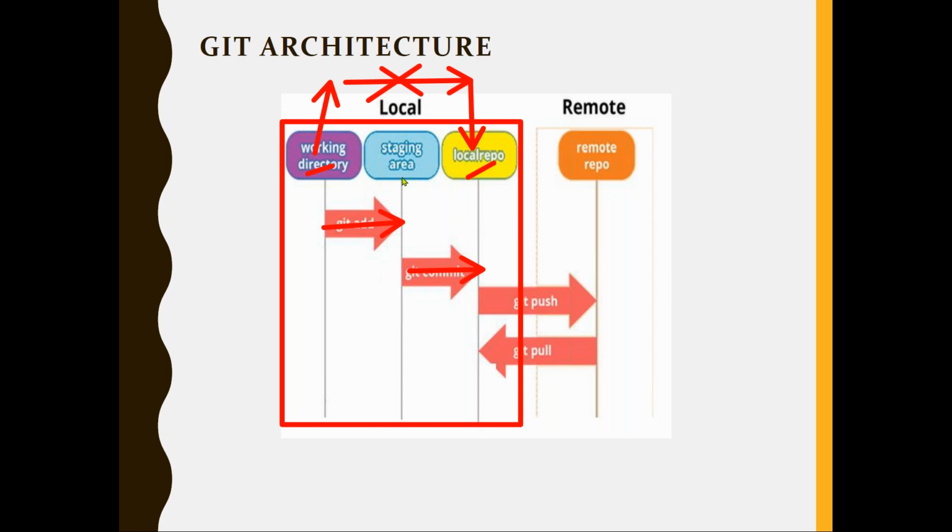Then what is the importance of the staging area? Why should we place changes there? It works like a preview or pre-check before your changes go to local, and it gives you better control over what changes go to local. When you start hands-on, we'll be working on these components a lot. A simple example: suppose you have 10 files in the working directory, and I want to place only 5 files into local, because whatever is in local is what goes to remote.